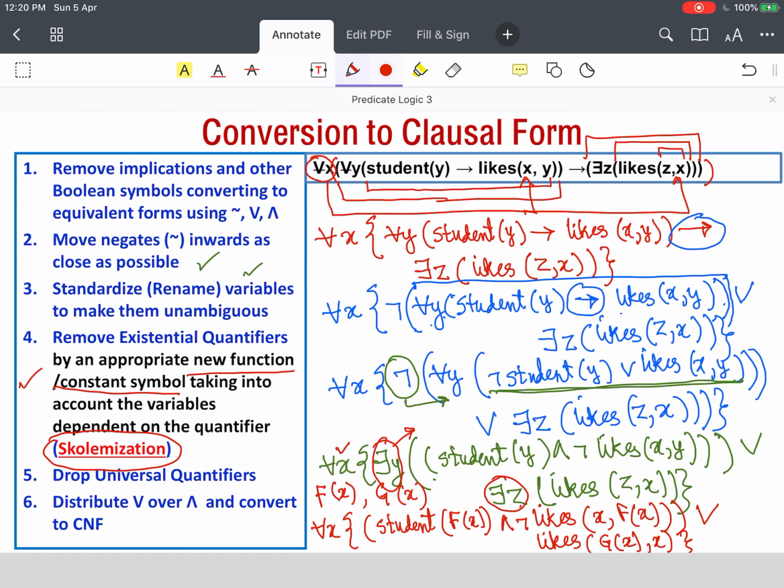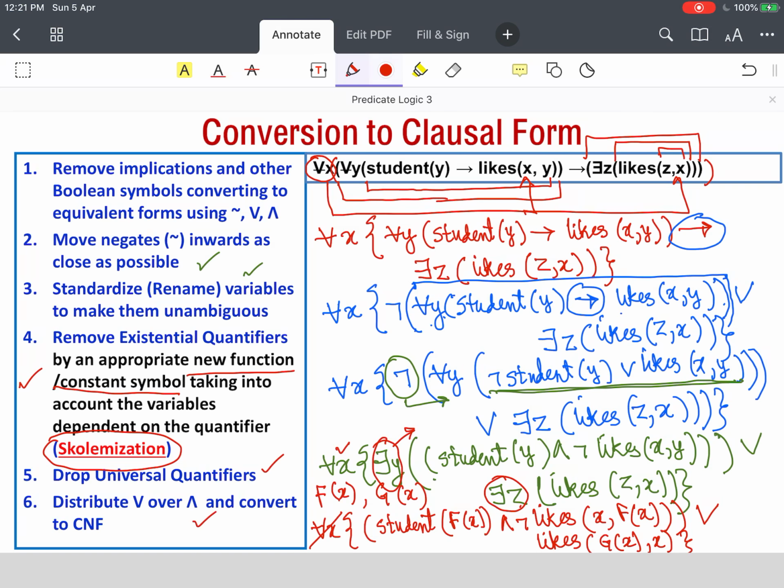So now we have removed all this. So this step of removal of a Skolem function is by using this mechanism for us to replace it.